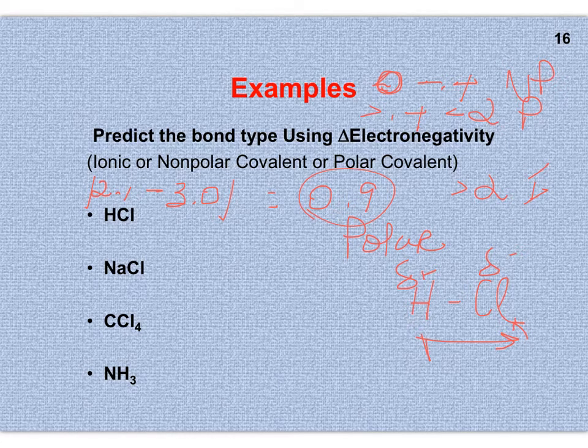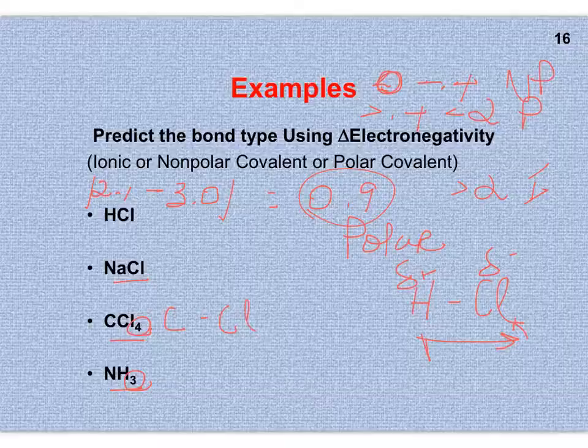So using one of these electronegativity tables, again, there's one on the next slide, go ahead and do the remaining ones. It doesn't matter how many of each atom there are, you're just doing it for 2 atoms together. So in this case, you're doing it for 1 carbon and 1 chlorine.